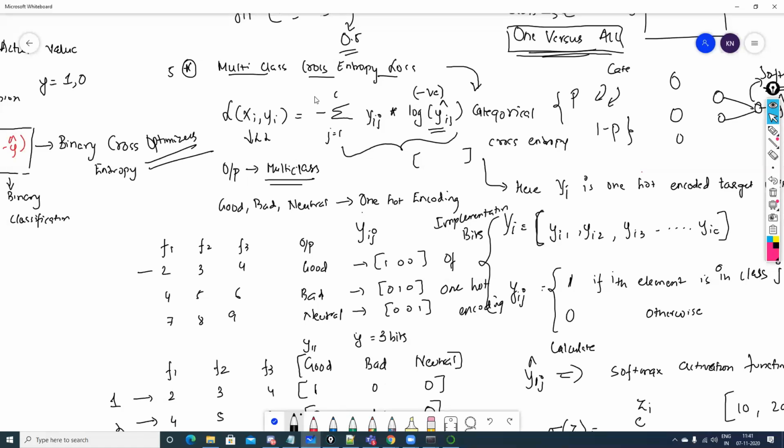So when we are doing summation, for good it will be 1 into its corresponding y hat value, and 0 into its y hat plus 0 into y hat. So however through one hot encoding, zeros are there. So again, why do we need summation? We can write simply yij into log yij hat of only that particular class, right?